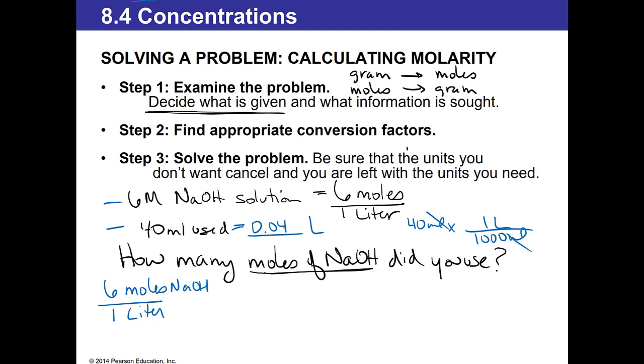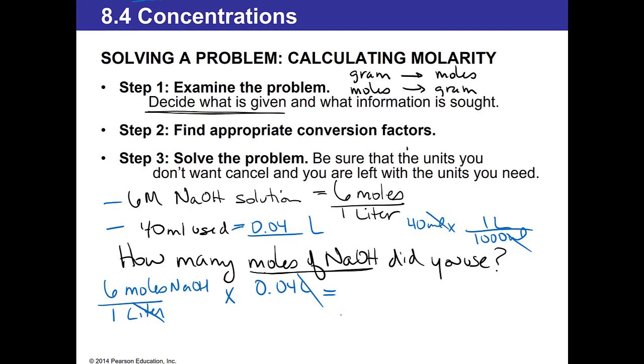So now I know how much of that sodium hydroxide I have. If I multiply it times the volume, what happens to the units here? Liters and liters will cancel. So you can take the concentration times the volume. You have to make sure the units are the same.